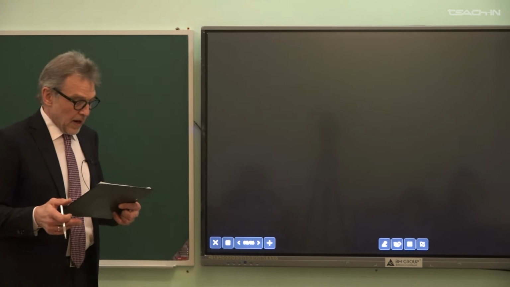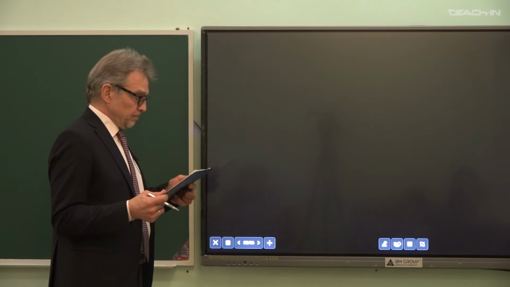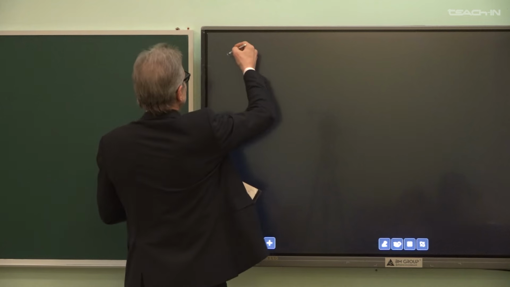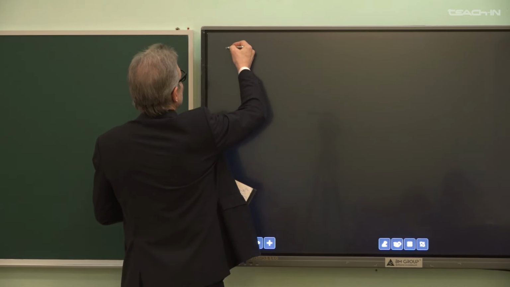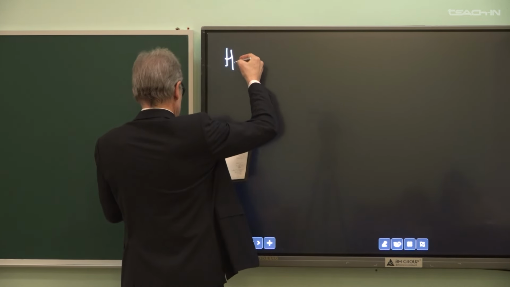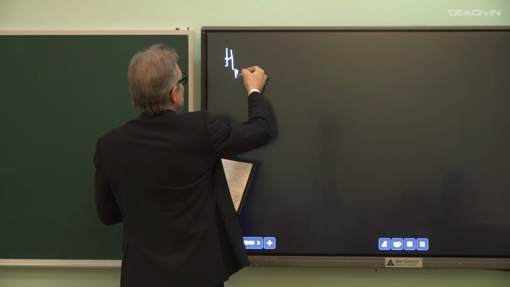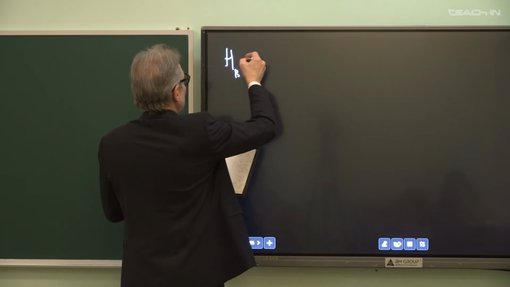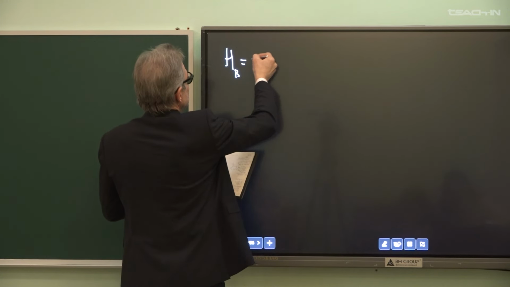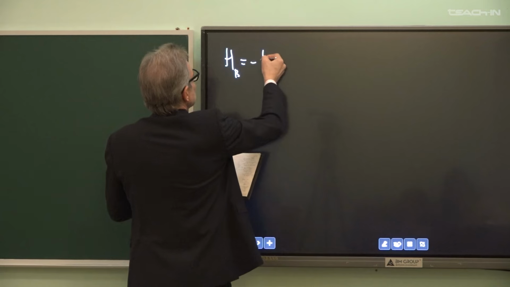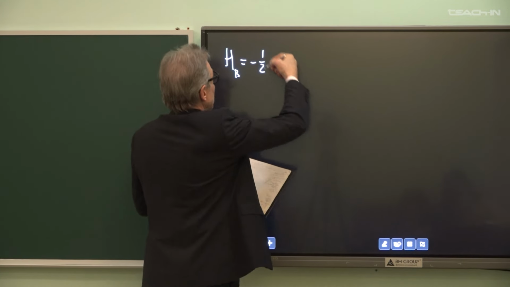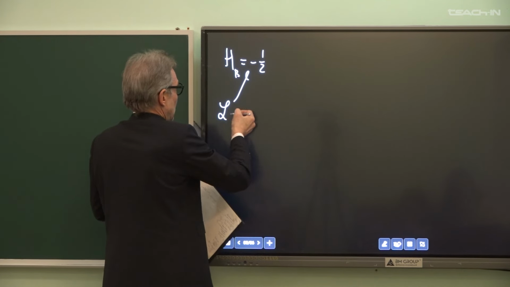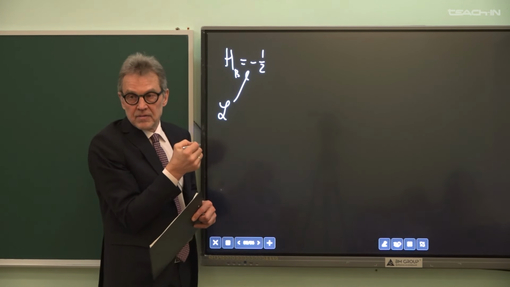Okay, how to start this problem? I think that you will agree with me that this effective Hamiltonian is equal to minus 1/2. It comes from Lagrangian of neutrino interaction with the magnetic field.